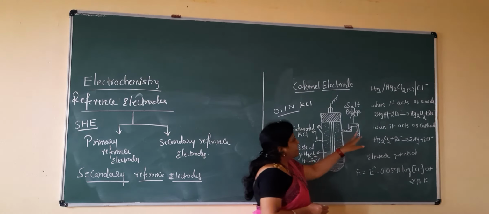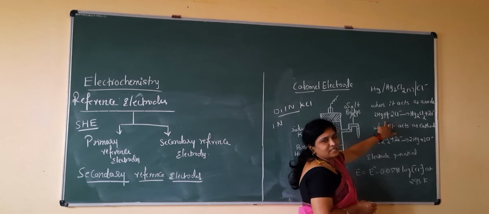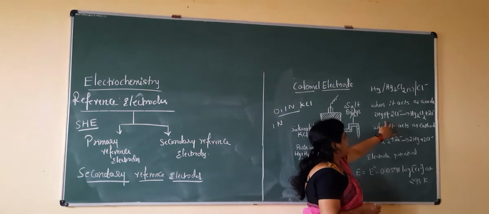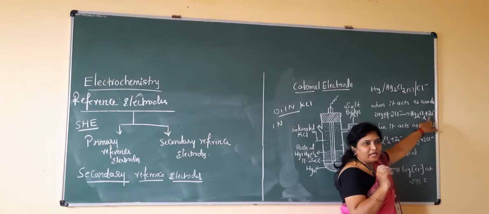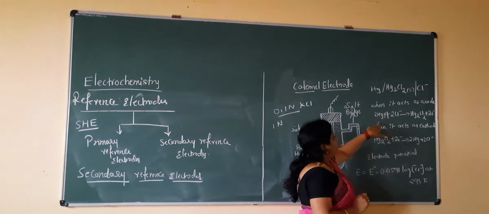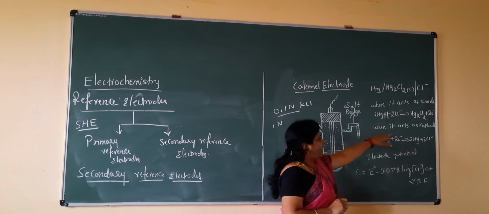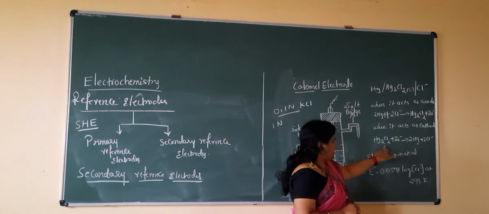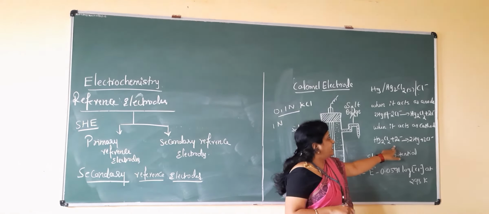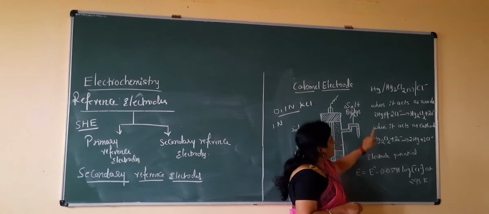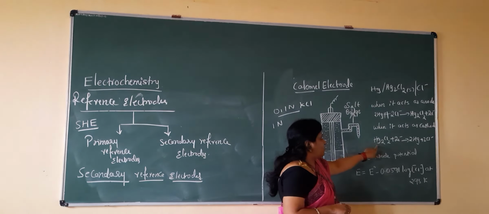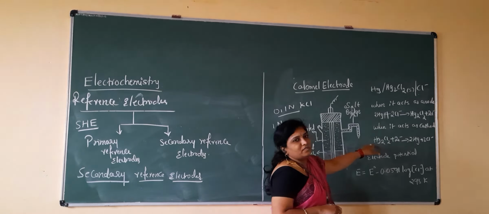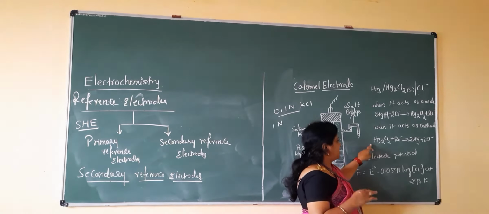When it acts as an anode, this is the reaction, and you can see that there is a liberation of electrons. And when it acts as a cathode, this is the reaction, that is gaining of electrons. So these are the two reactions, and the combination of these is the reversible reaction.